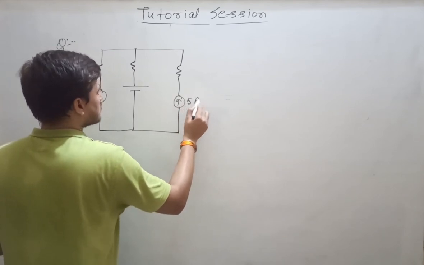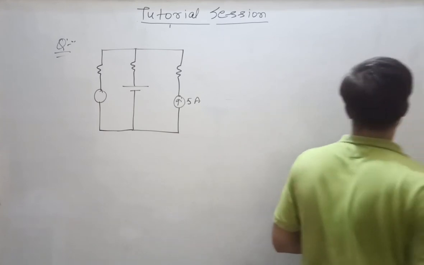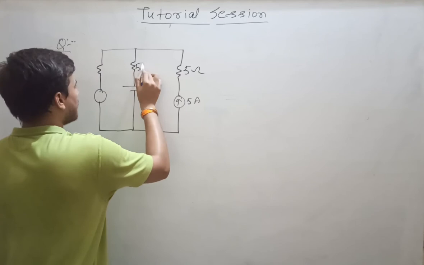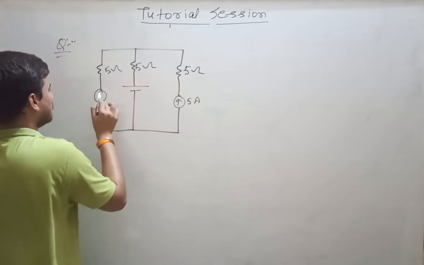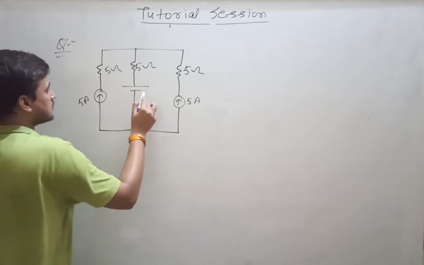This is a 5 ampere source. This is 5 ohm, 5 ohm, 5 ohm. This is 5 ampere. This is 10 volt.